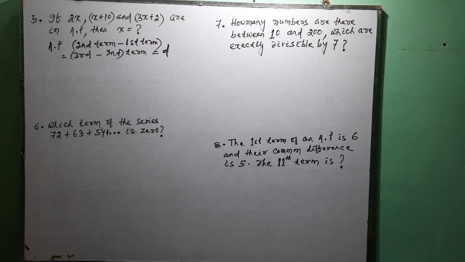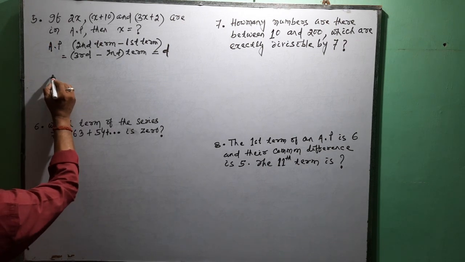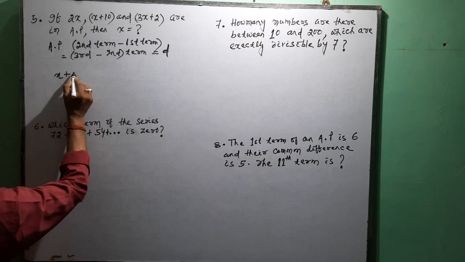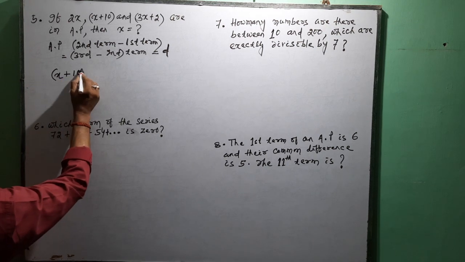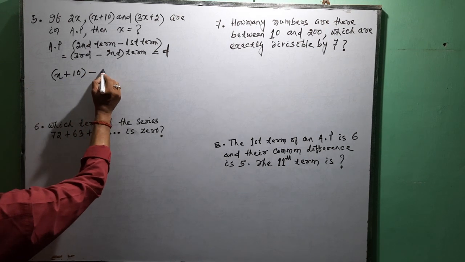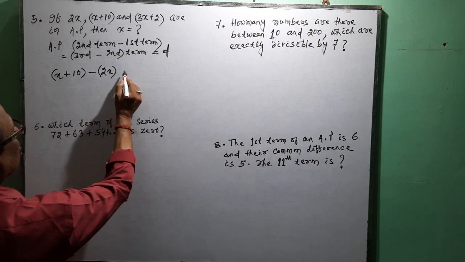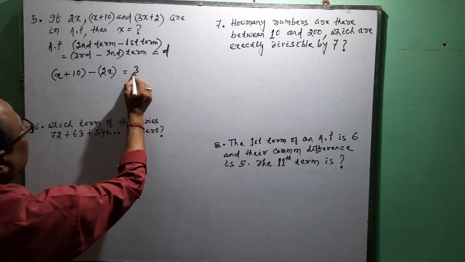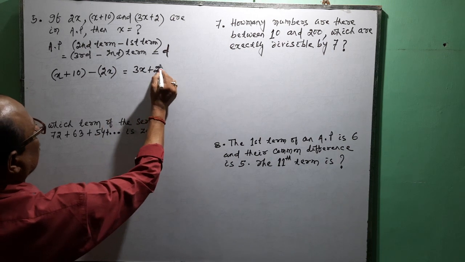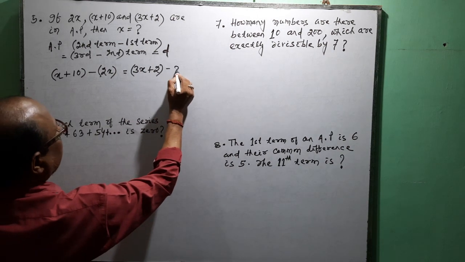So according to the question, x plus 10, the second term, minus first term 2x is equal to third term 3x plus 2 minus second term x plus 10.